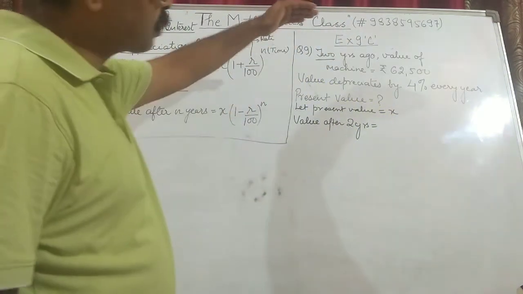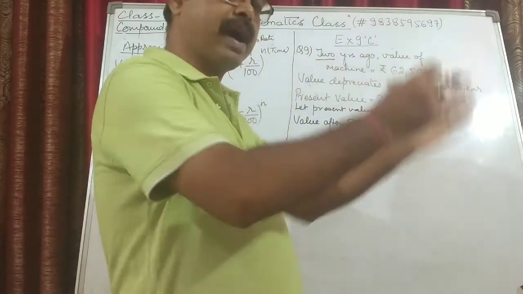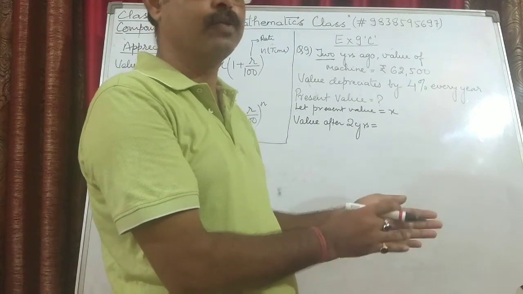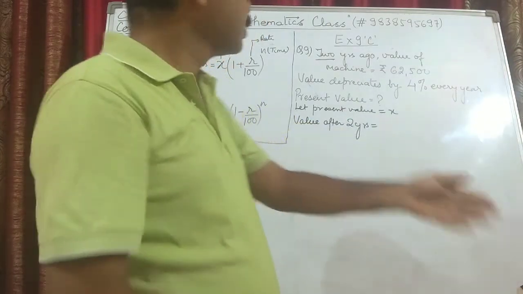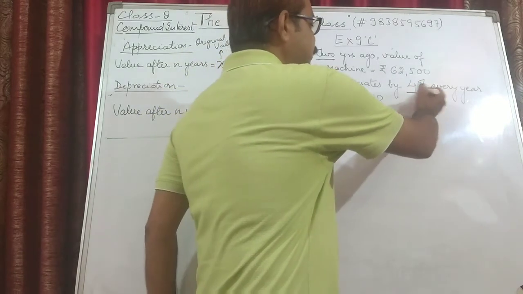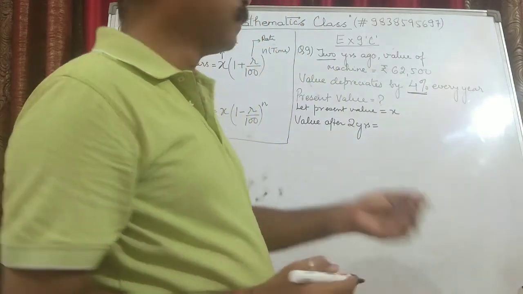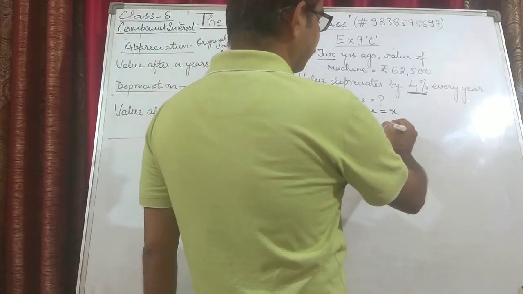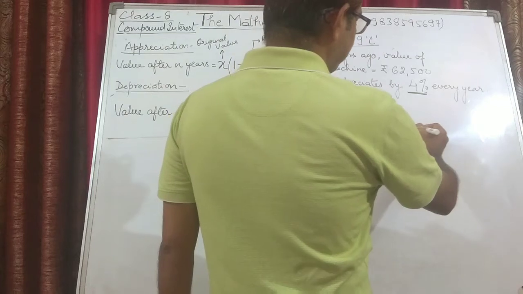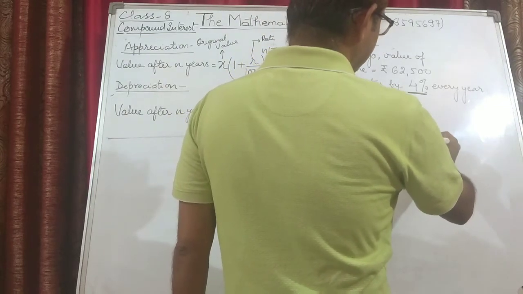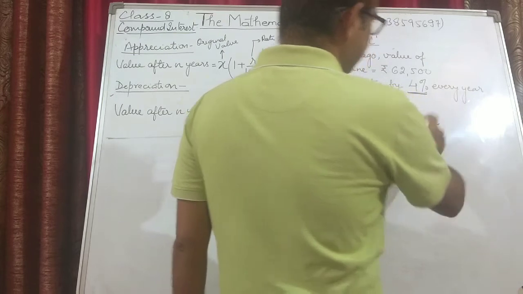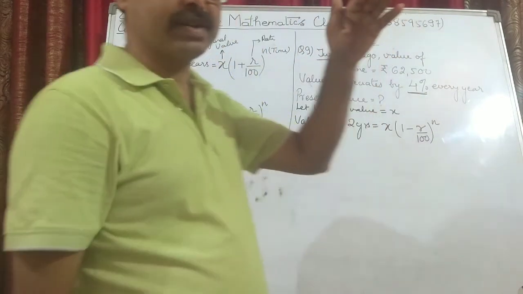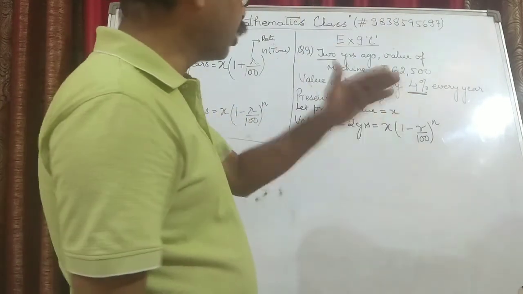Since the question is given 2 years back, I have brought those 2 years to today, and we will calculate the value of the machine 2 years from now, since it is depreciating by a fixed percentage, 4% every year. So what formula do we use? x times 1 minus r upon 100 to the power n. Why minus? Because the value is depreciating, it means the value is getting lower.